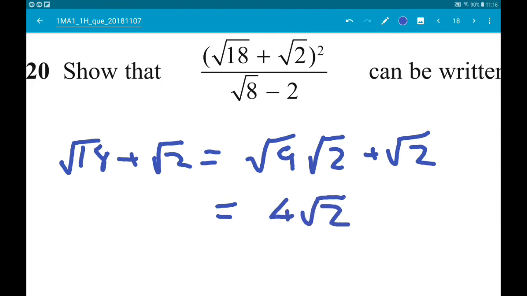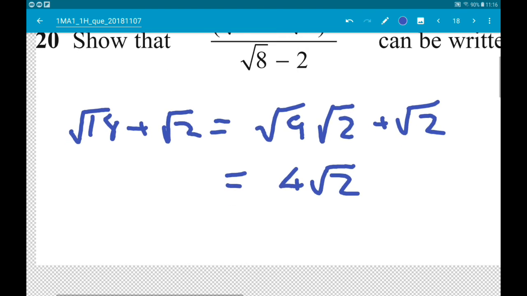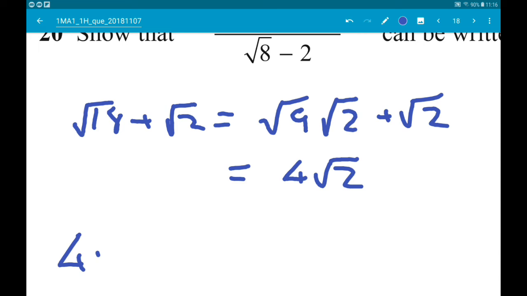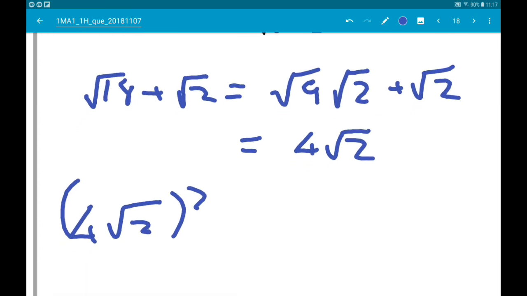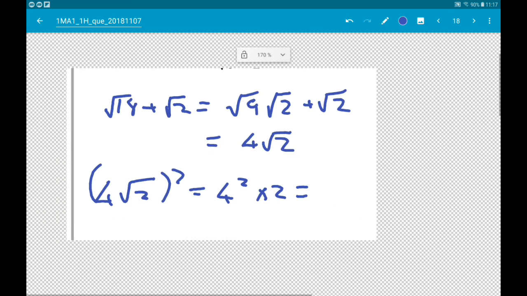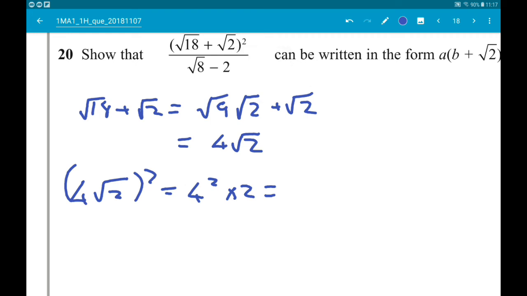Now, the whole thing on top is being squared, so 4 root 2 squared is 4 squared times root 2 squared, which is just 2. So 4 squared is 16 times 2 is 32. So the top of the fraction is actually just 32.